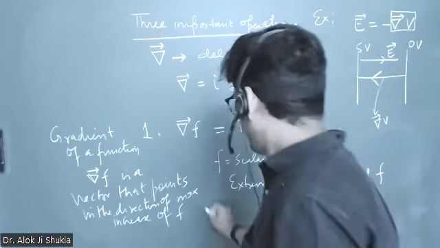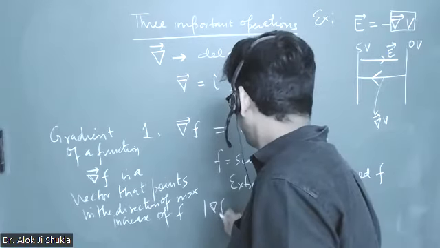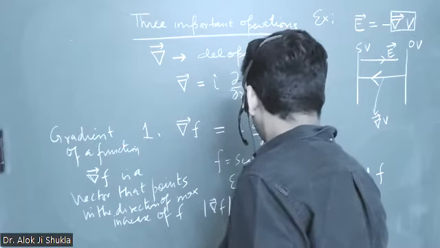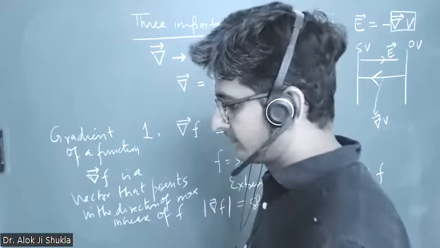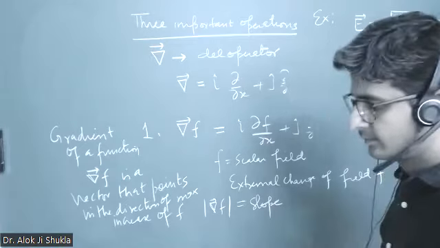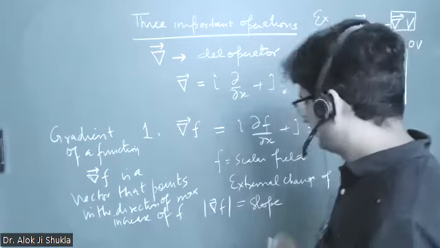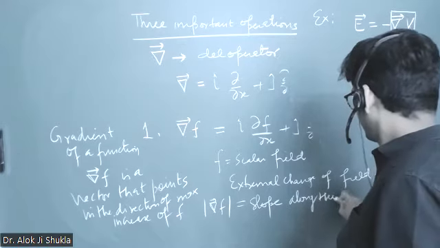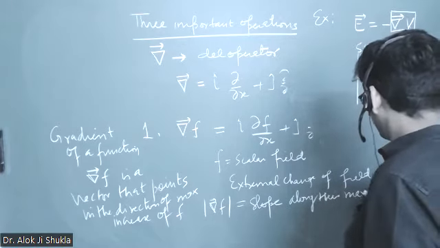And if you get the mod of grad f, this will give the slope along this maximal direction.